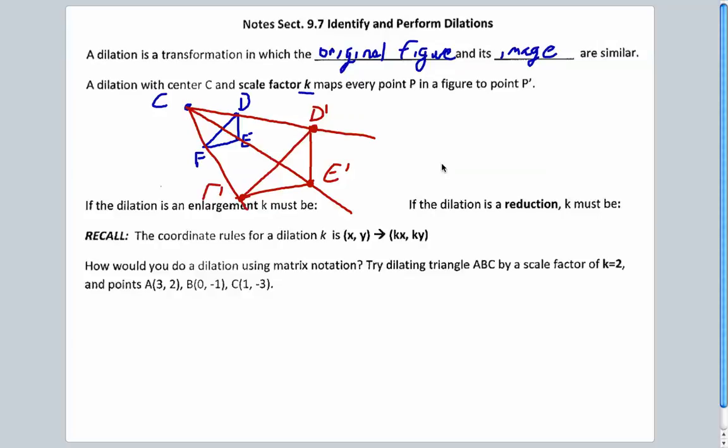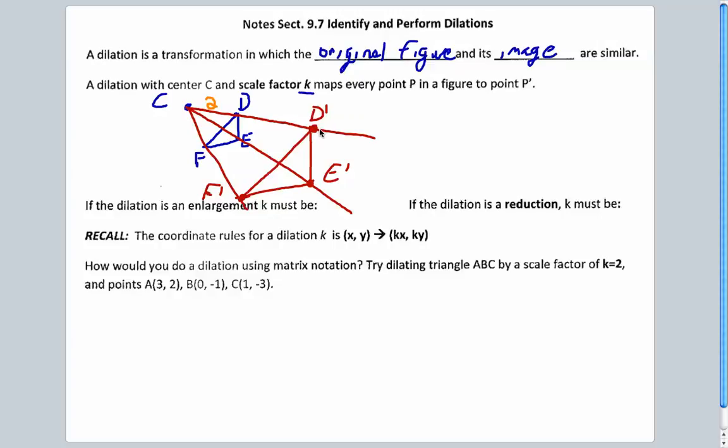Okay, and that's it. And so if I can assign lengths to these, it might give you a more concrete idea of what K is. Okay, so let's say that the distance from C to D is 2 units.